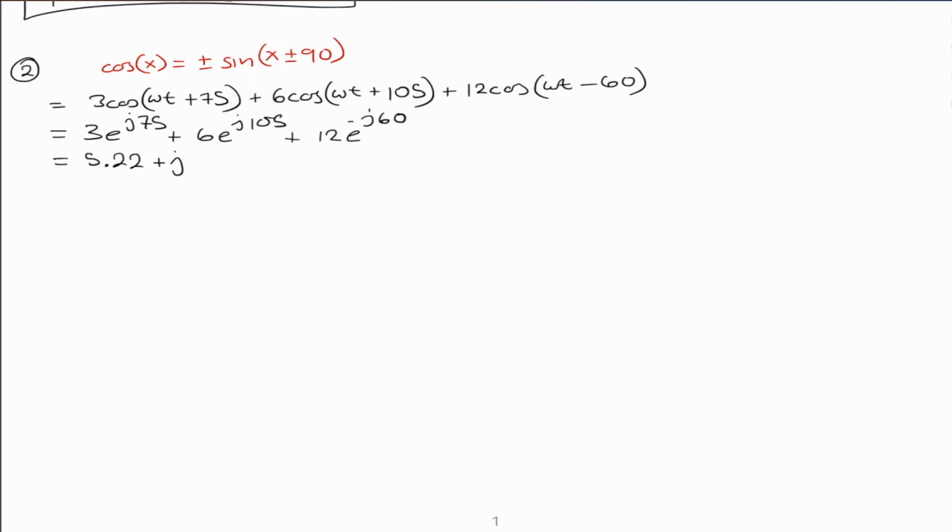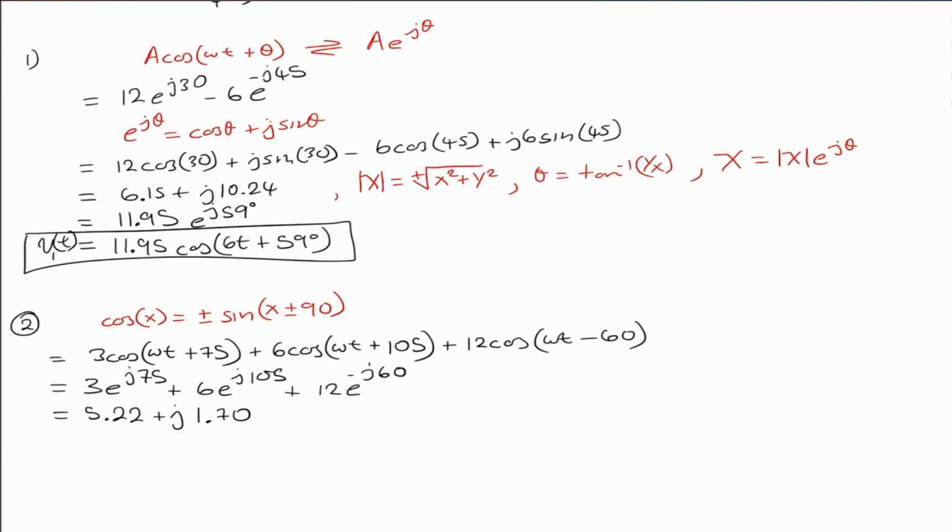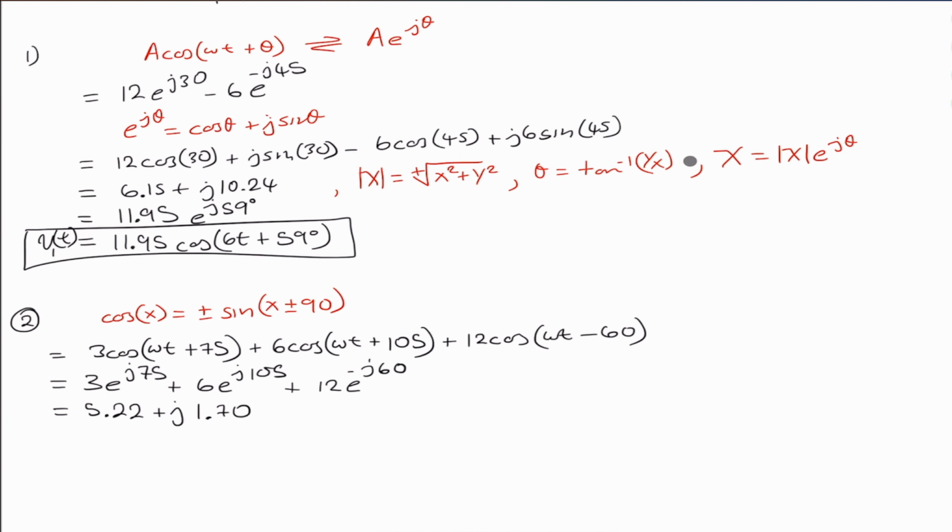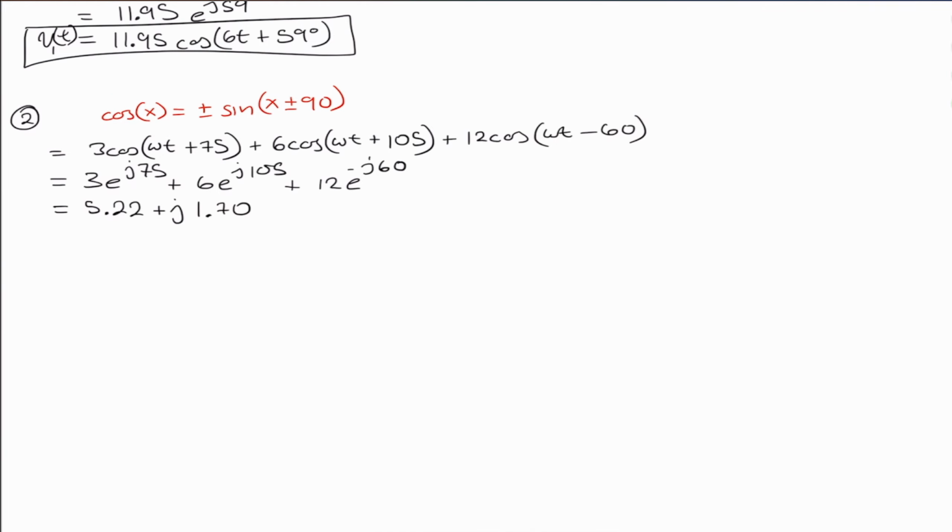So that simplifies to 1.70. Here again, we apply our complex algebra properties, and then we go to polar form, which is 5.49, and that's 5.4929. We just stop at 49 times the complex exponential.